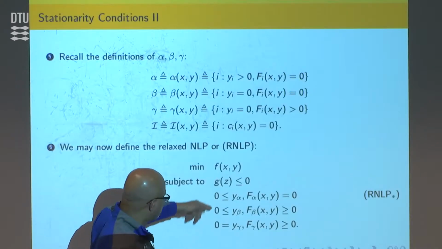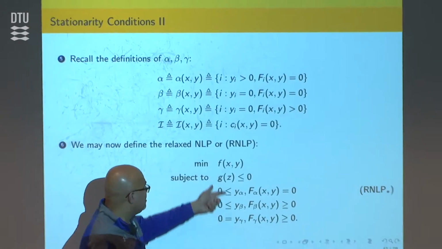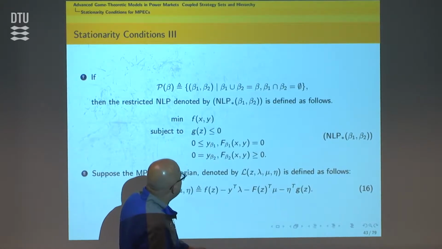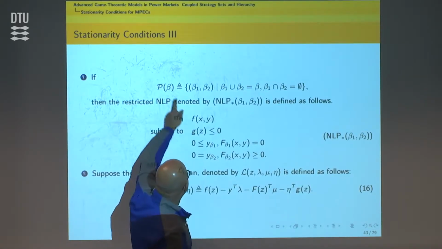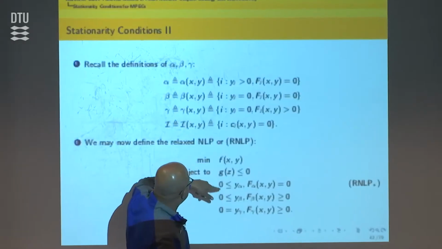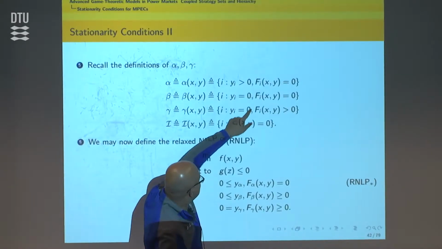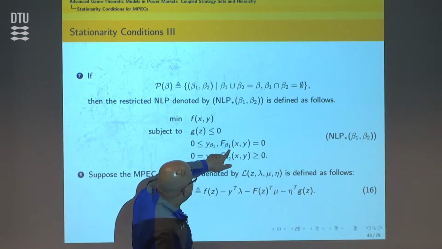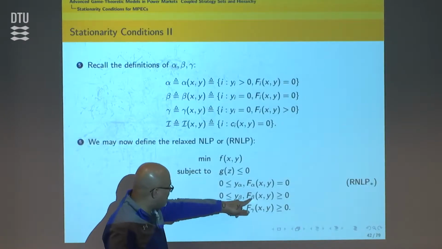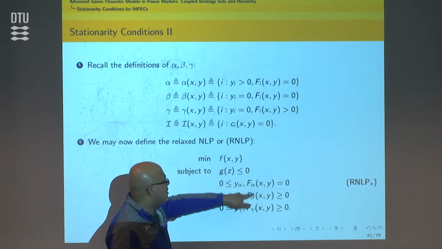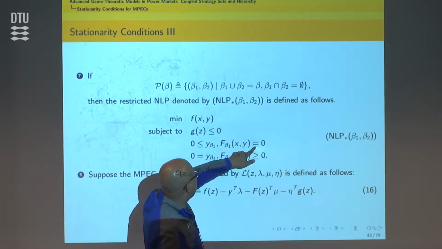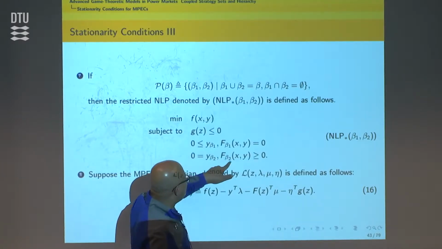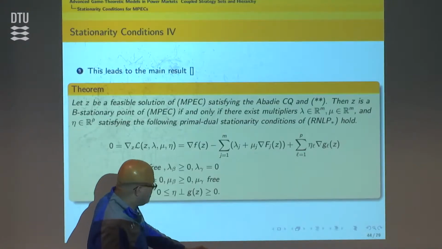So let's distinguish between the relaxed NLP and the restricted NLP. So in the restricted NLP, you have beta, which is this set, and corresponding to beta, you make sure that f beta for the whole thing is non-negative. Here f beta 1 is equal to 0, and here y beta 2 is equal to 0, f beta 2 is greater than or equal to 0.